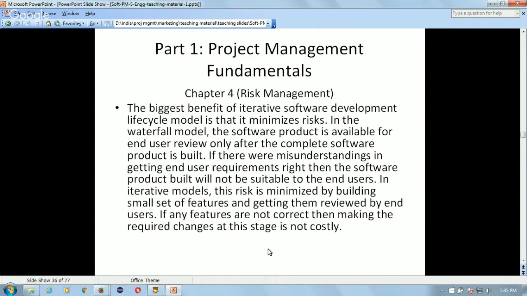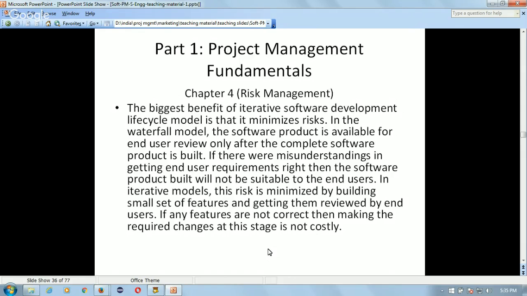So this is a huge risk, because if after the product is developed, the customer finds that it is not as per the requirements, then all the time and money on the project is wasted. So the better alternative is that you develop the software product by developing only a small set of features at a time.